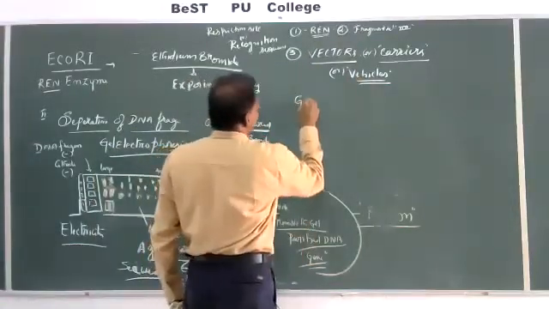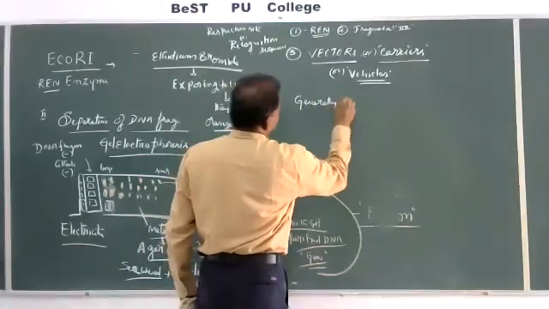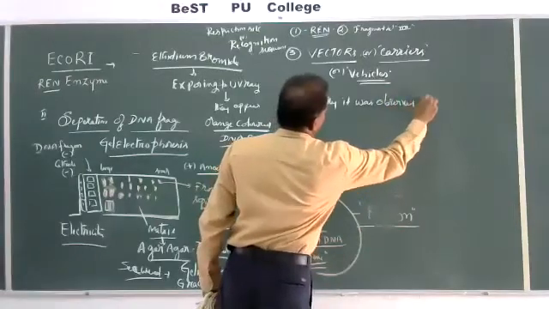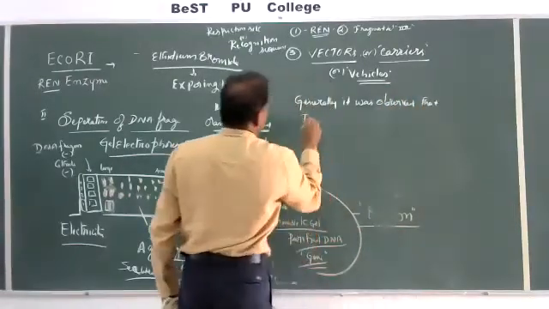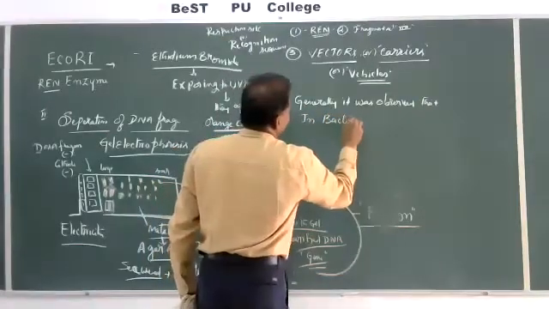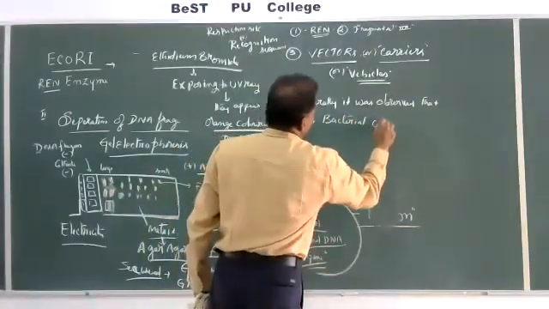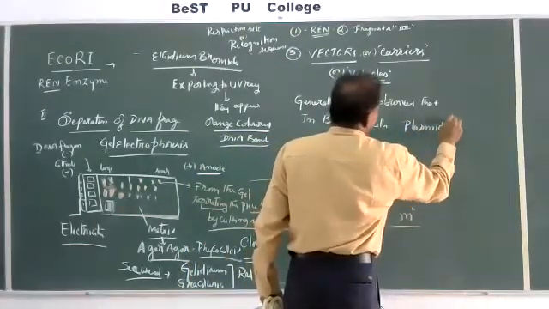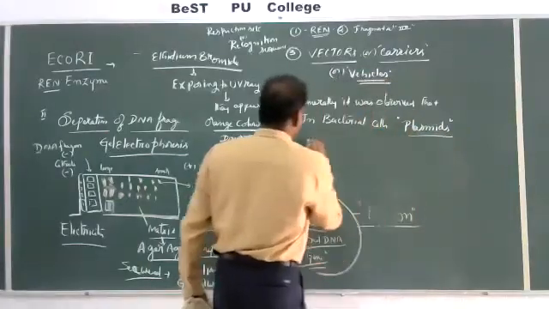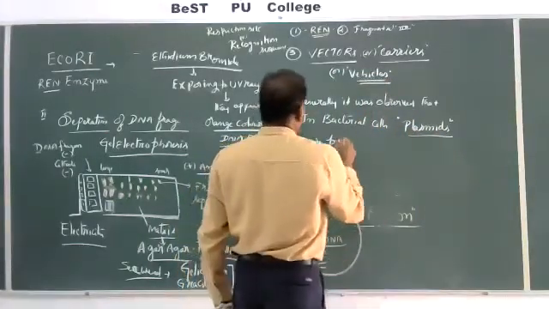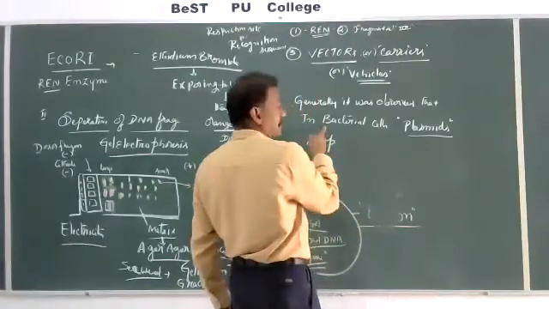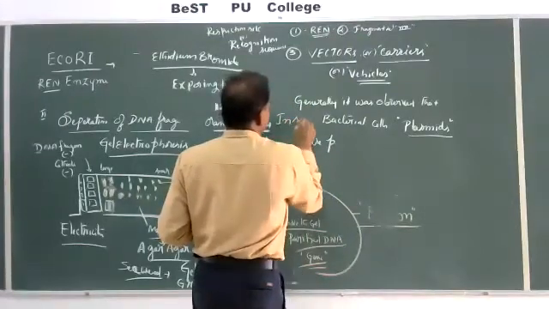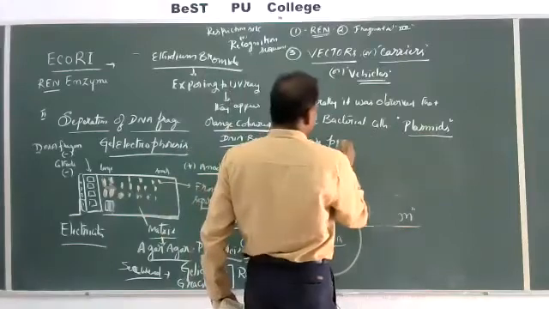See, generally it was observed that in some bacterial cells, not in all, plasmids are present. Remember, in some bacterial cells plasmids are present.